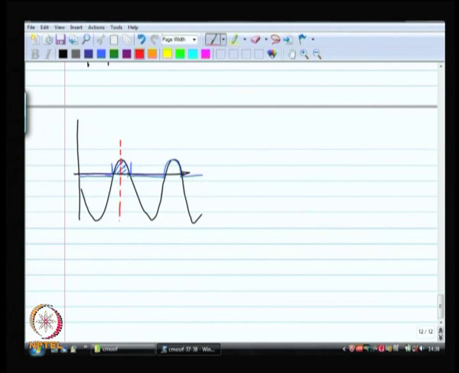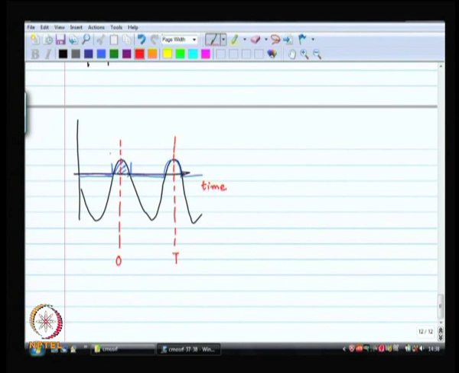And let us say that the conduction angle, we are going to generalize this, let us say this is start of time t equal to 0, and this is time t equal to capital T, this is one period, right.